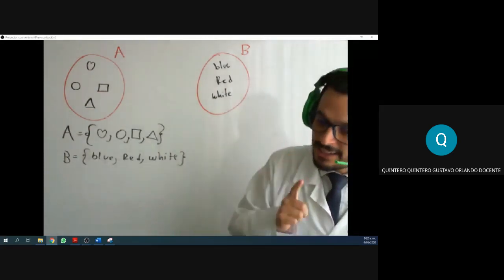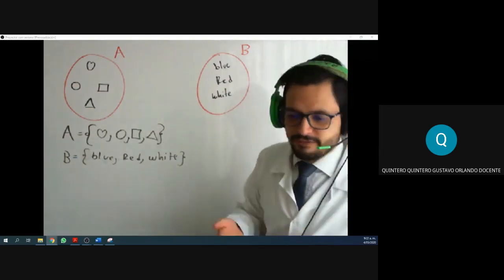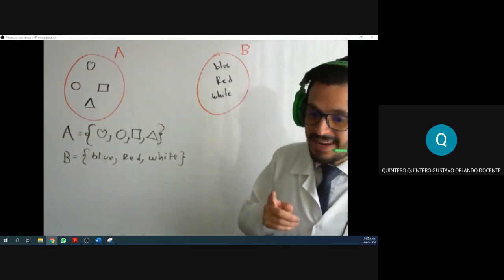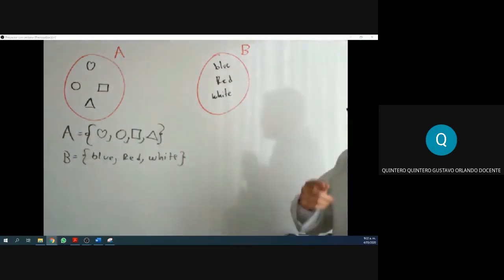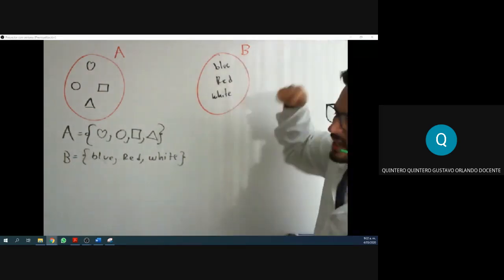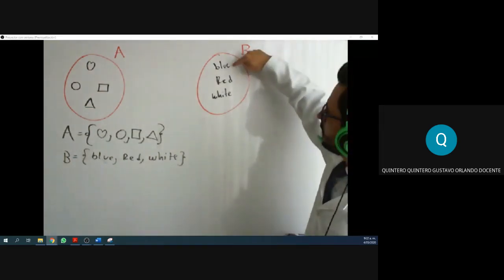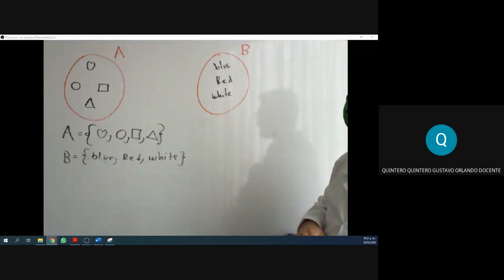But that is a characteristic, a property if you might. But that is not the entire description of the set, because this set doesn't only have just 3 colors, it has 3 specific colors. It has blue, red, and white.